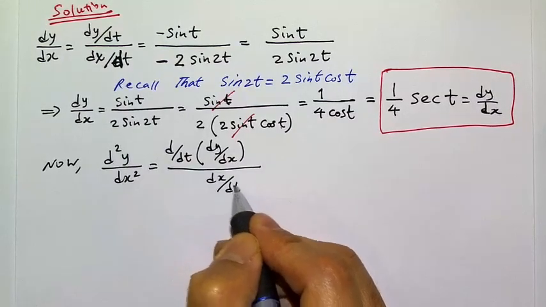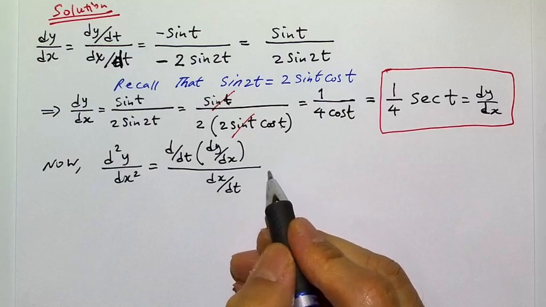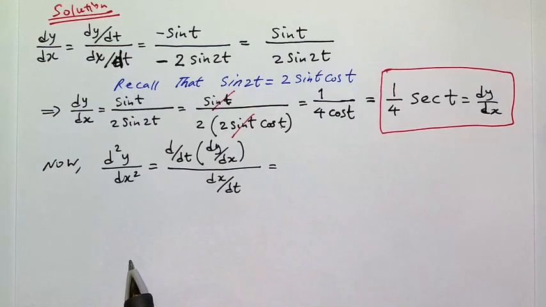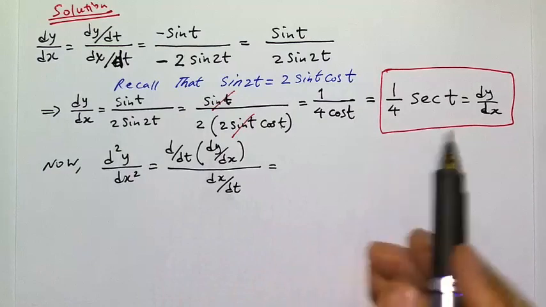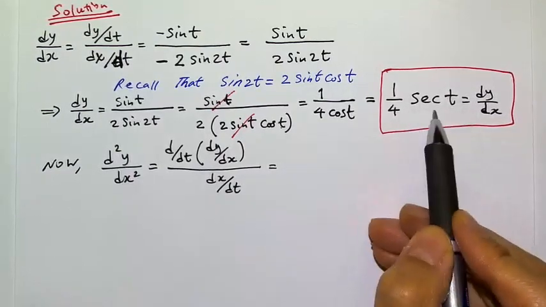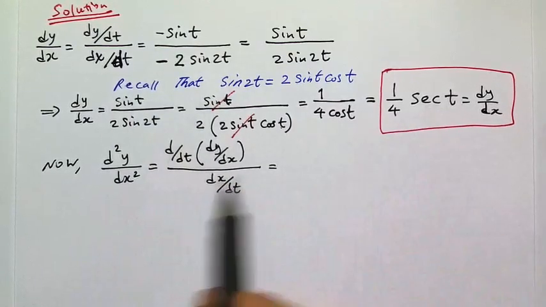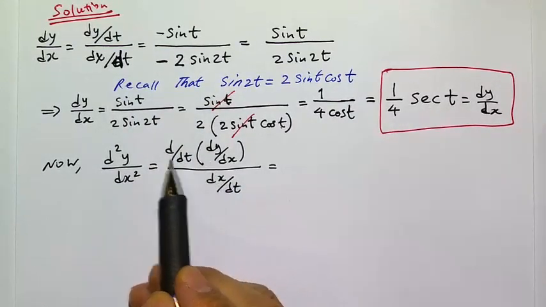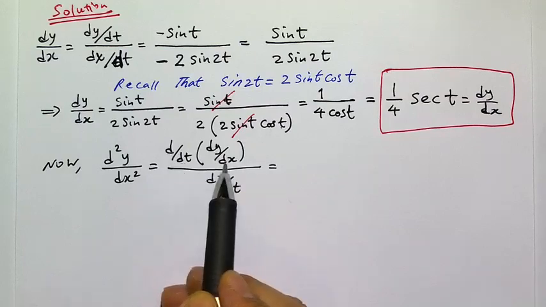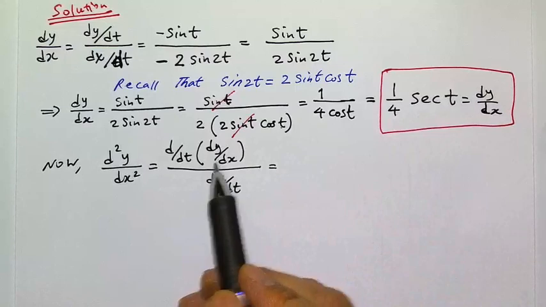Okay, so the second derivative of this expression: the derivative of dy dx should go here, right? We're just taking the derivative of that expression again with respect to t.